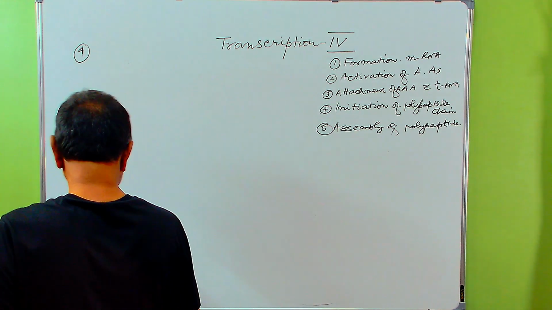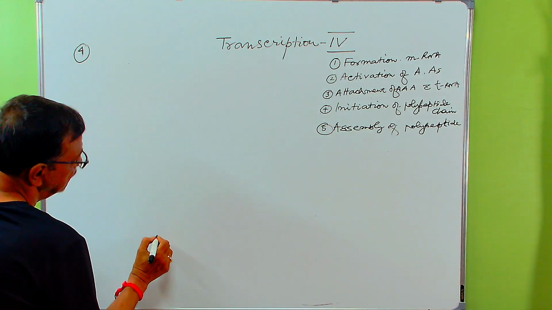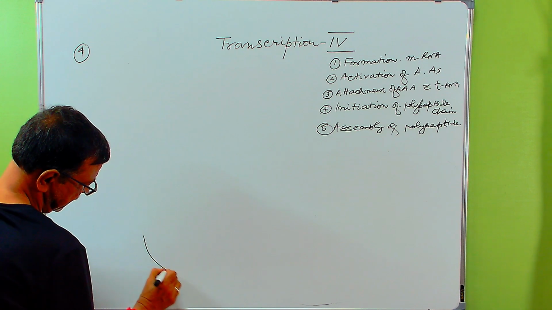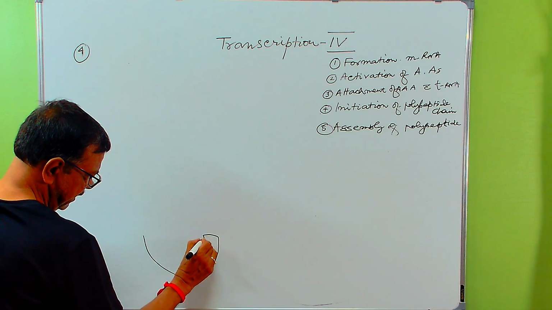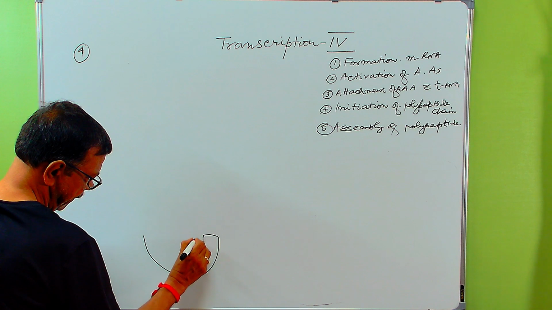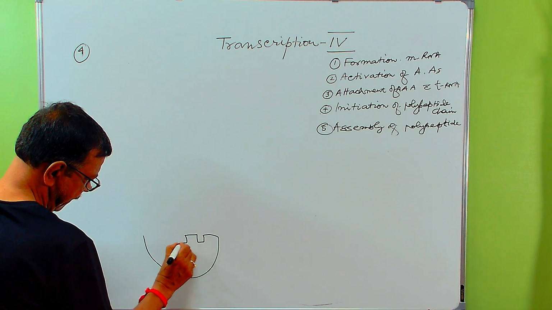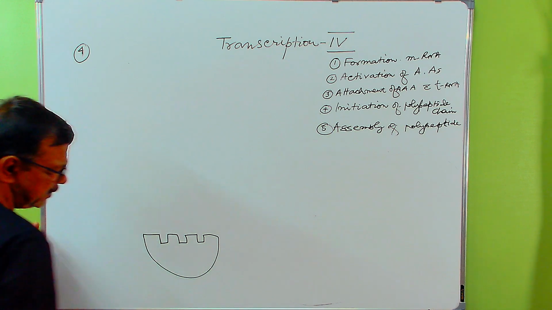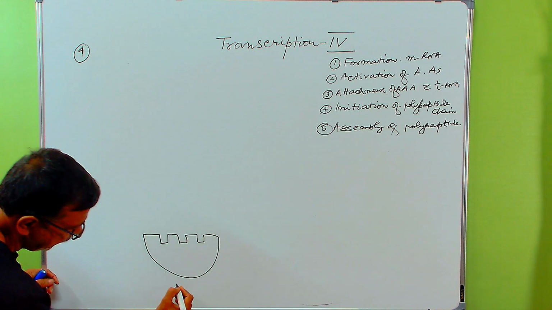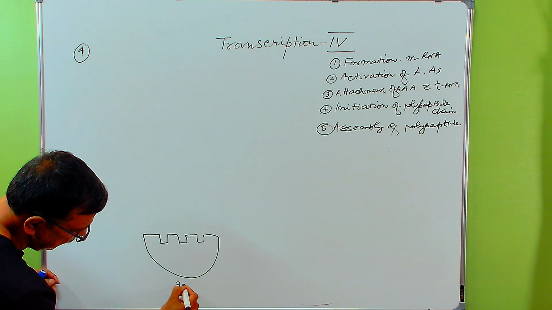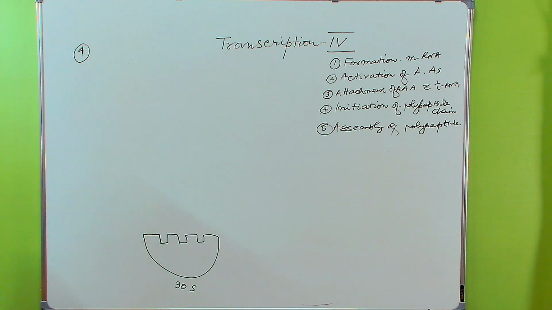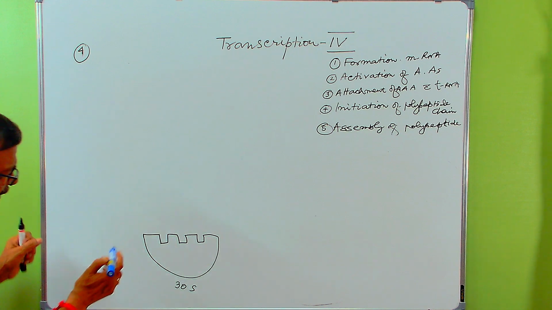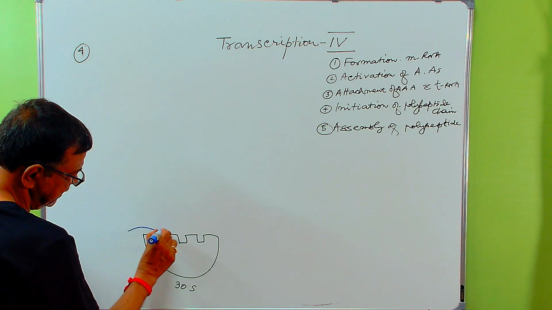There is this smaller subunit of the ribosome. The smaller ribosomal subunit sits on the mRNA. Say this is mRNA.